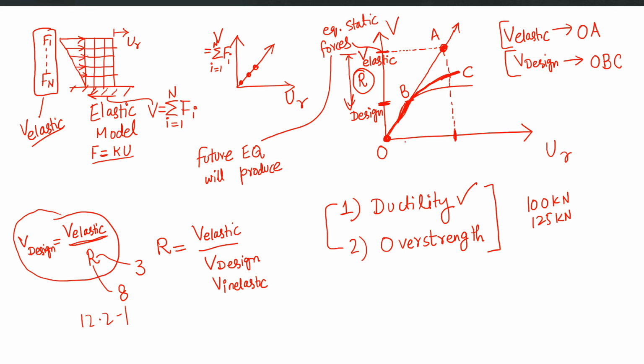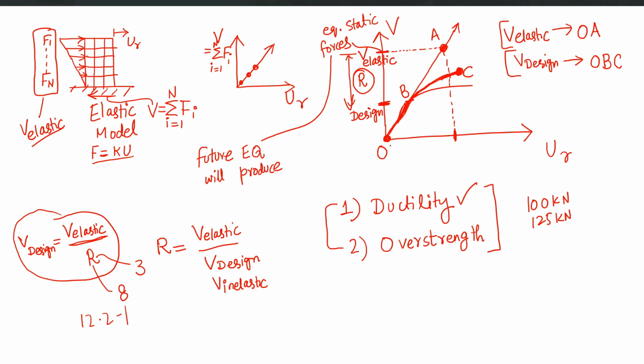Actually, when I say that the structure follows OBC, it means that this is the level of roof displacement which your future earthquake or design level earthquake is going to produce, right? So O, B and C, this is the path which the actual structure is going to follow if you design it on V design.